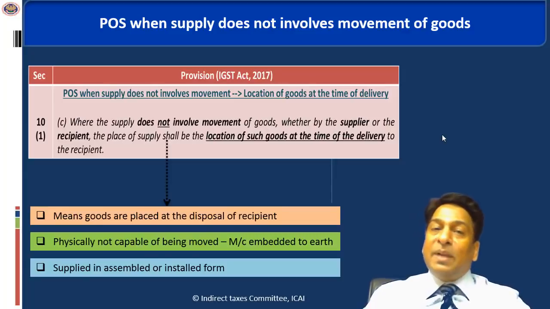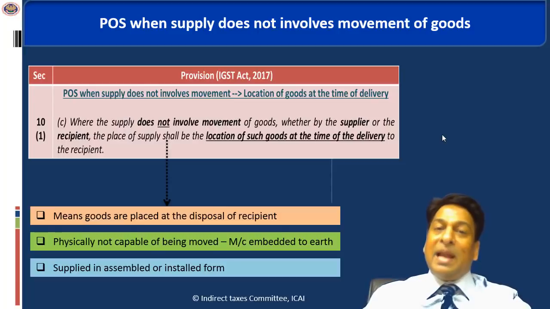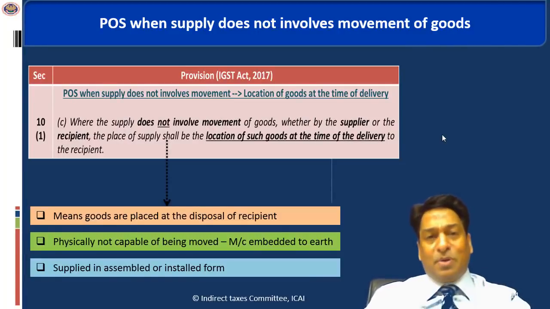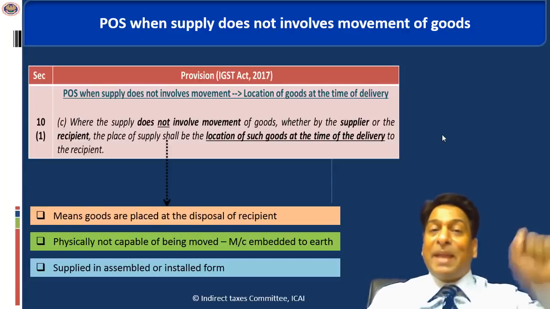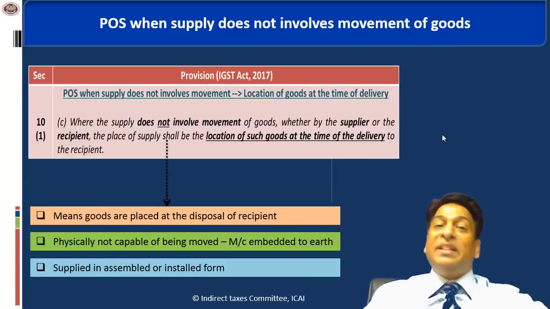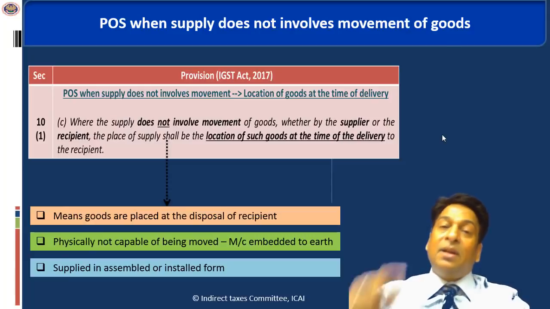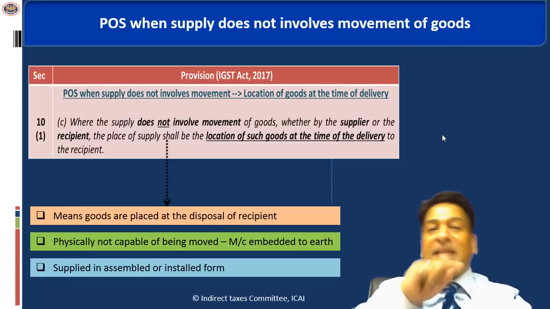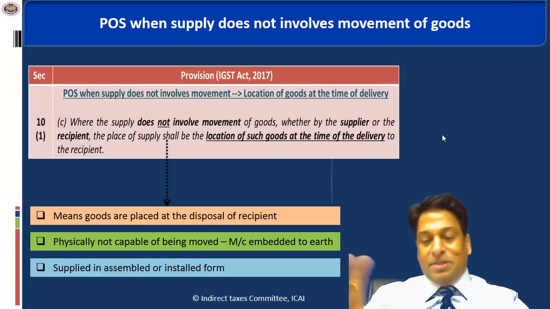Now when I'm letting out this building along with furniture and fixtures to my recipient, then these furniture and fixtures do not involve movement of goods. So 10(1)(c) will come into the picture, and the place of supply would be the location of goods when these are made available to the recipient. This is the context for determining place of supply where supply does not involve movement of goods.